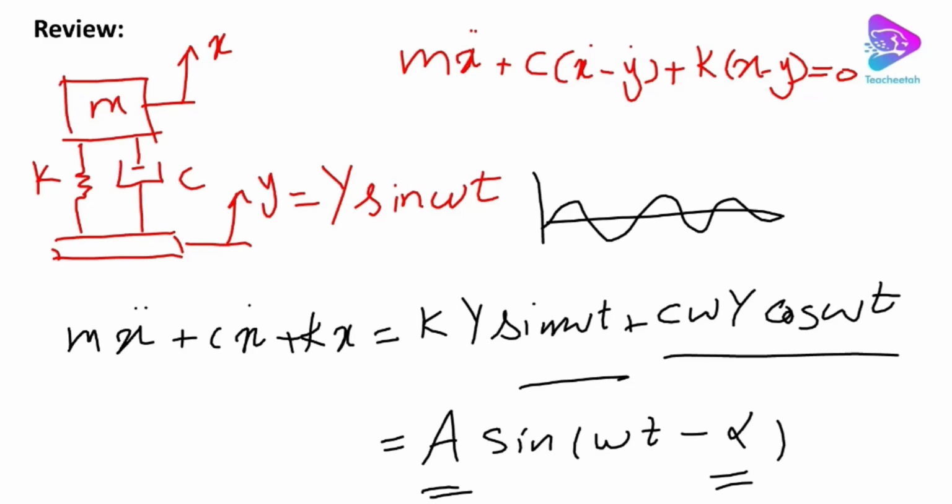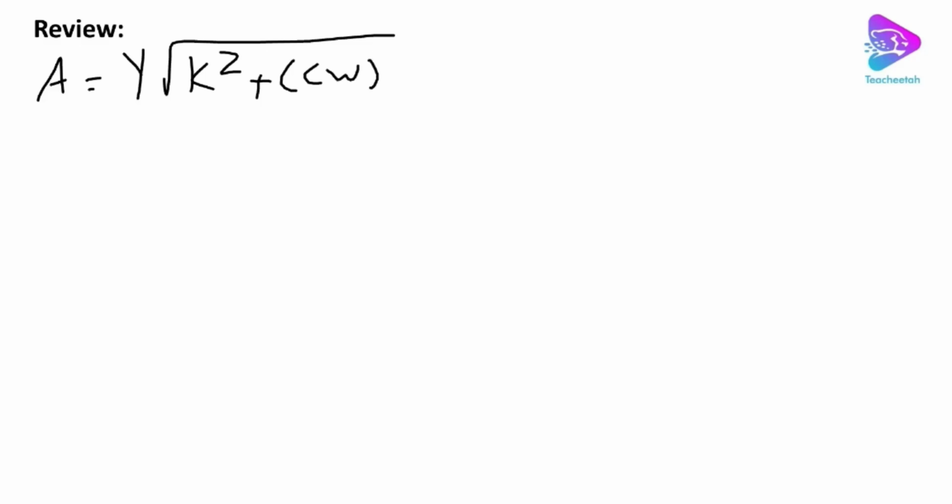For example, I can simply write down here what A is and what alpha is. A is Y, the amplitude, times the square root of k squared plus (c omega) squared, and alpha is equal to the tan inverse of minus c omega over k.